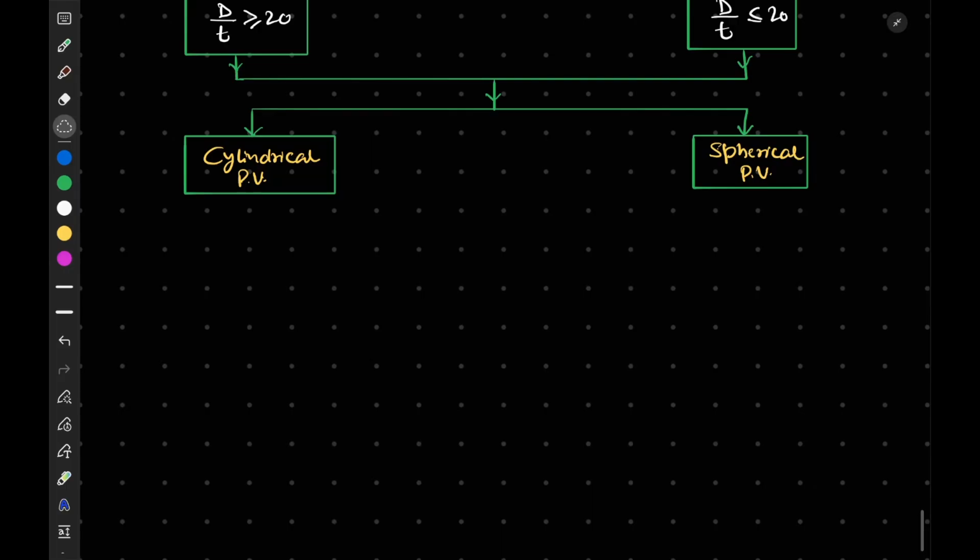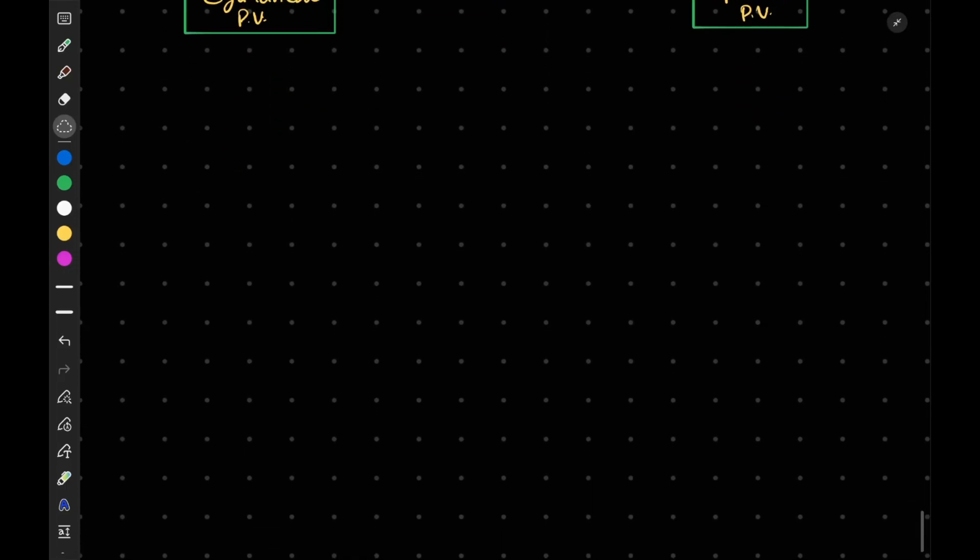Now let's start with thin cylindrical vessels. Thin cylindrical shells are also known as thin cylindrical pressure vessels.